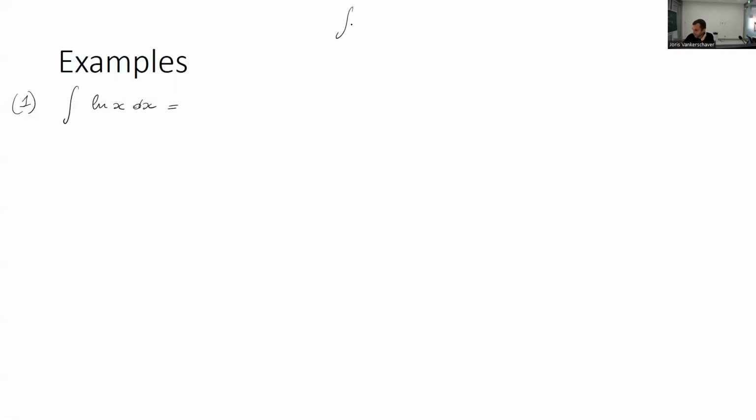Remember, our rule is the integral of u prime v dx is uv minus the integral of u v prime dx. So we need to figure out what is u prime and what is v in my integrand.